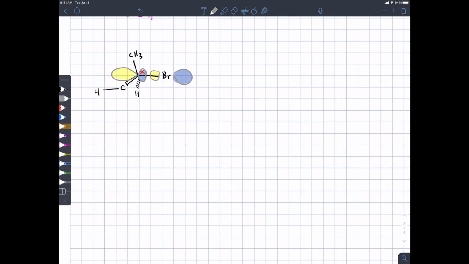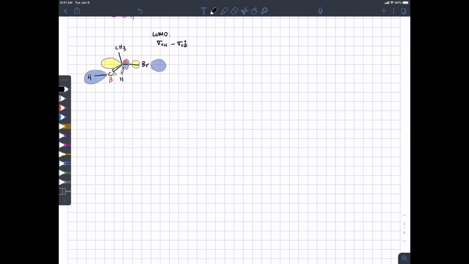I'm going to draw here the minus combination, where what's on the beta proton is out of phase with what's on the alpha carbon. I'm reminding you that this minus combination is the LUMO of our molecule.